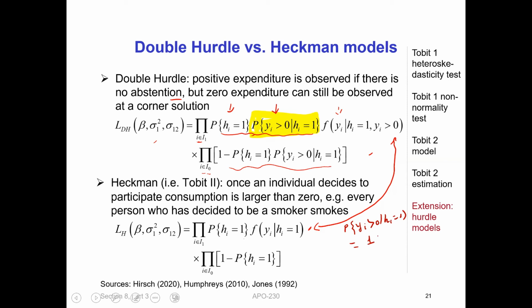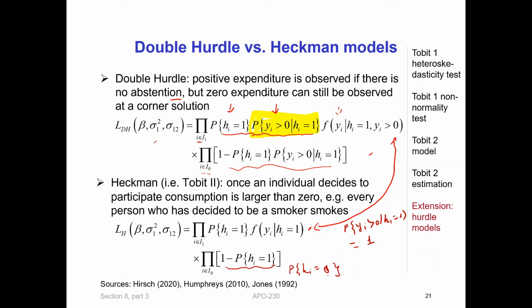So every person who has decided to be a smoker will smoke something, will consume a non-zero amount of cigarettes or tobacco. And this is why the likelihood function of the Tobit 2 model reduces to the quite simple case that we have seen. Actually, here earlier we know that it's actually P of hi equal 0, but just to make it compatible to above, I put it that way.